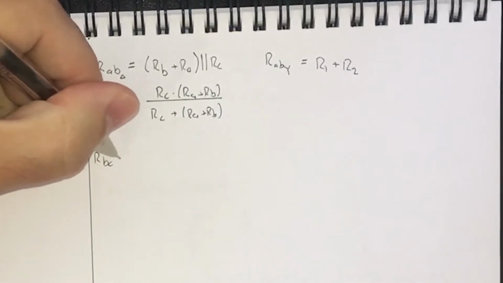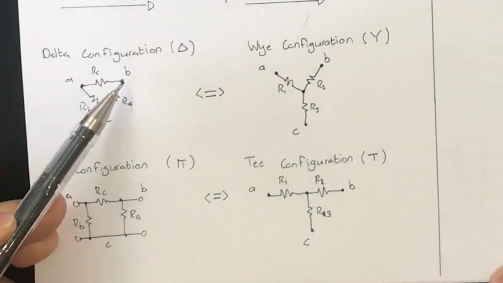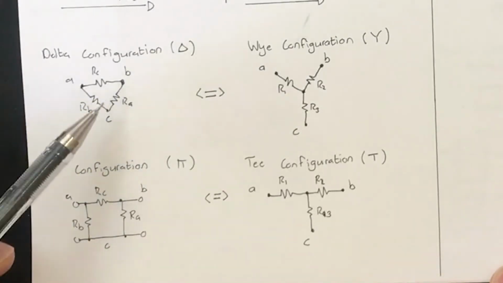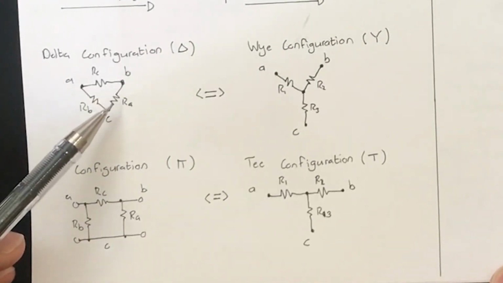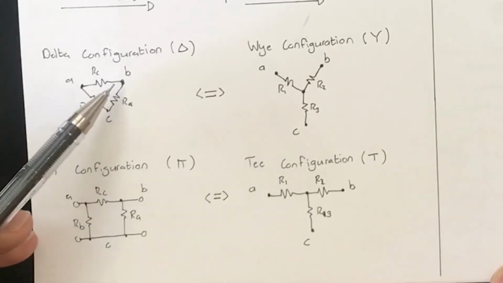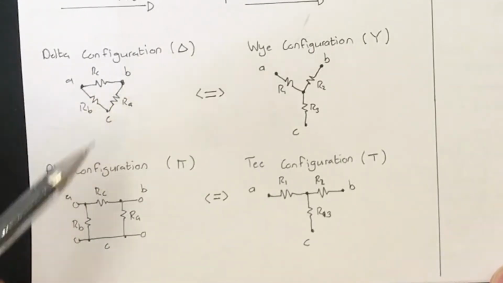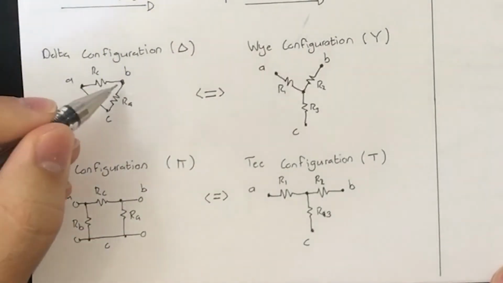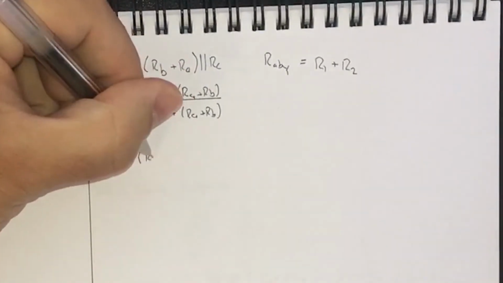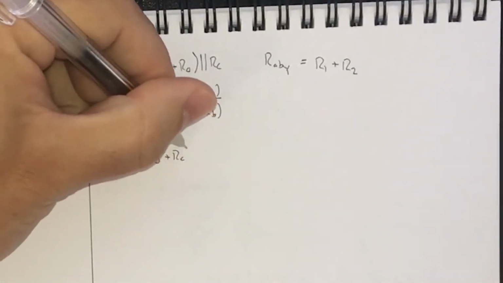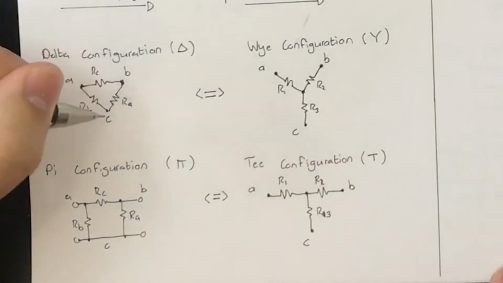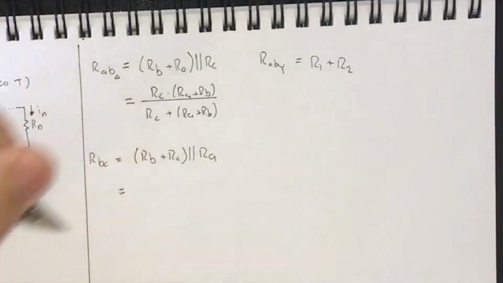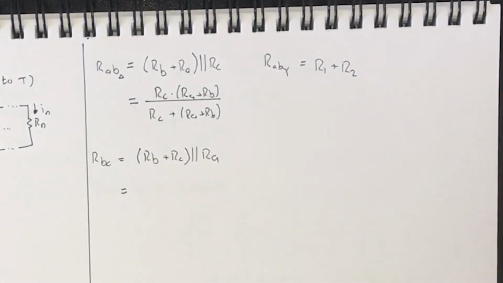Furthermore, let's look at the resistance between nodes B and C. Again, we see that it's the parallel combination of resistor RA with the series combination RB and RC. So we have the series RC and RB, so we write RB plus RC in parallel with the resistor RA. Again, we can further expand this equation.